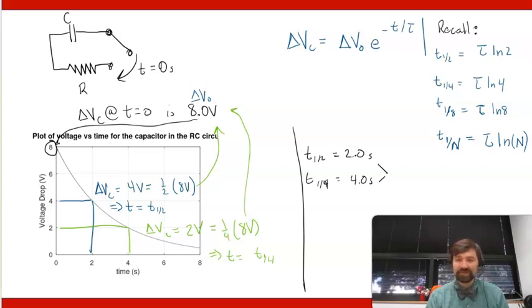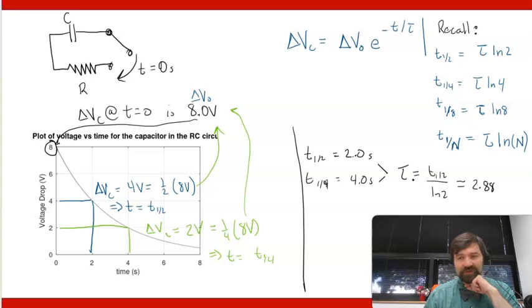Tau should be T1/2 over ln2, or T1/4 over ln4. So using tau equals T1/2 divided by ln2, I get 2.8854 or something like that, seconds.